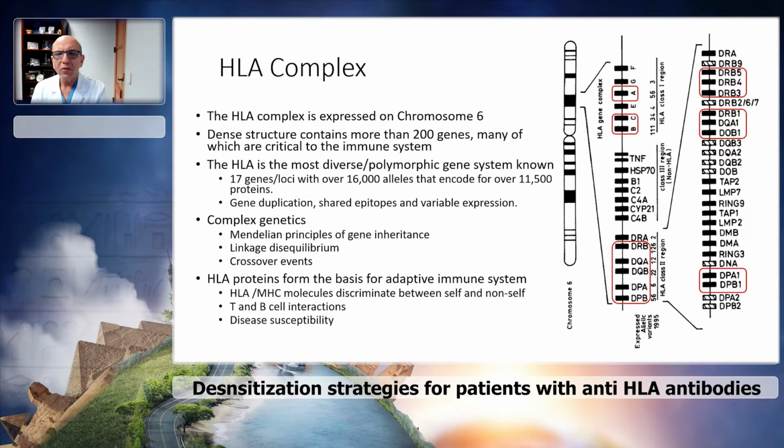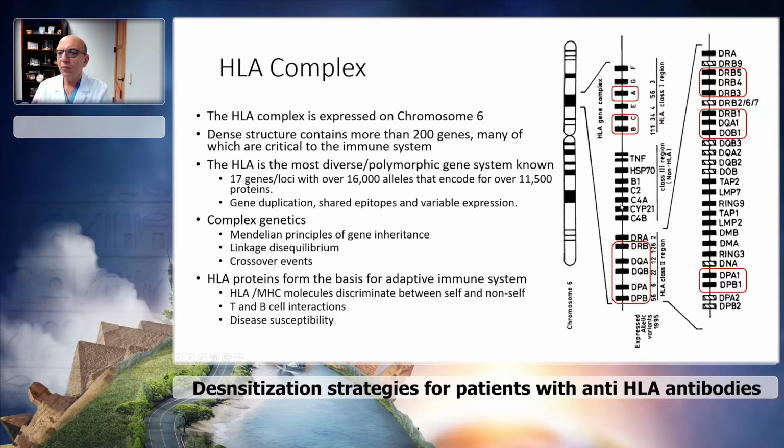The HLA complex itself is expressed on chromosome 6, as you can see in this diagram. It's a very dense structure that contains more than 200 genes. It's actually interposed between the genes of tumor necrosis factor alpha, the heat shock protein 70, CYP21A and CYP4A.